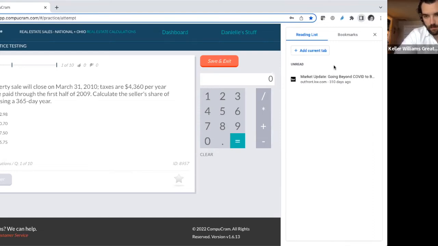All right, so Samantha takes 4360, divides it by 365, gets to 1195 a day. So now we have 1195 times 90 days in the first quarter.